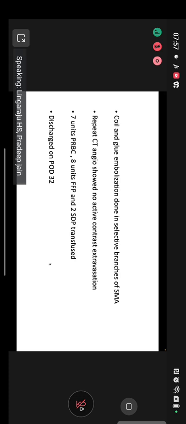So what next? The final histopathology report was cholangiocarcinoma, lower end, pT2 N0, right? Do you go for any adjuvant chemo after that? Any adjuvant therapy?